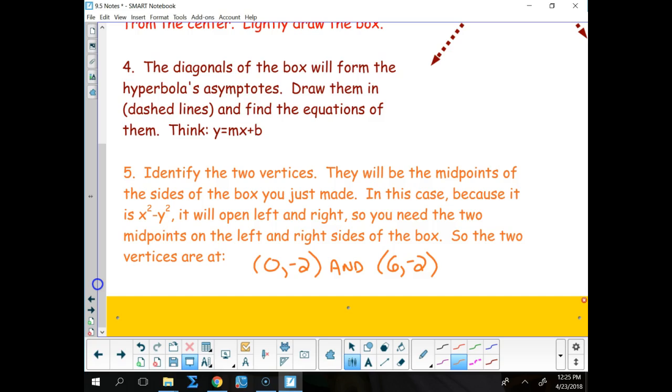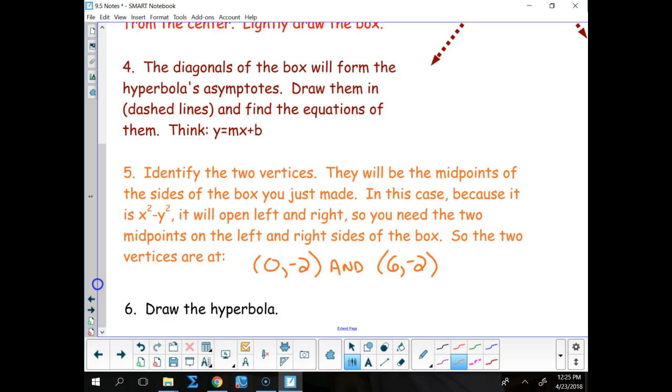We now have enough information to draw in our hyperbola.